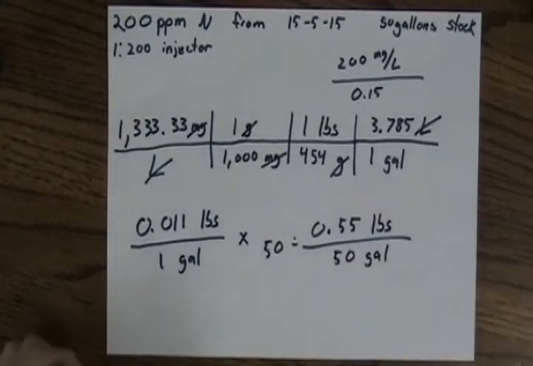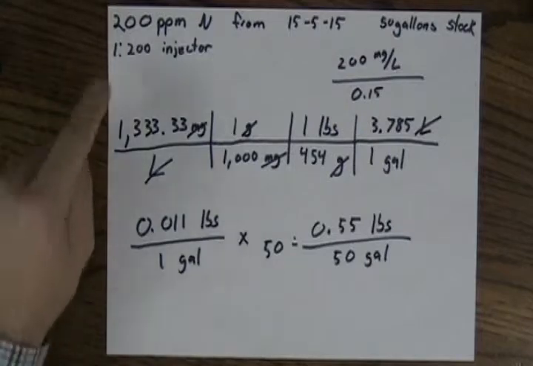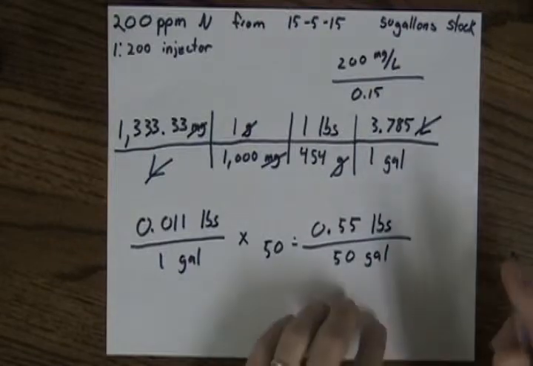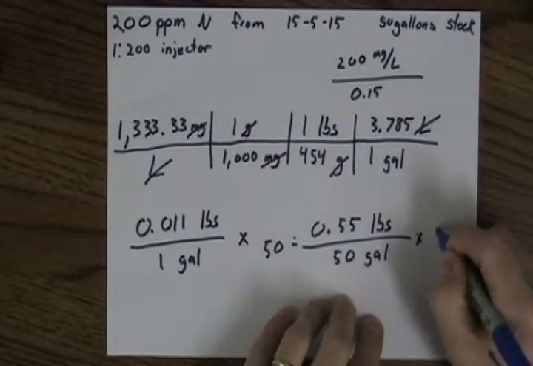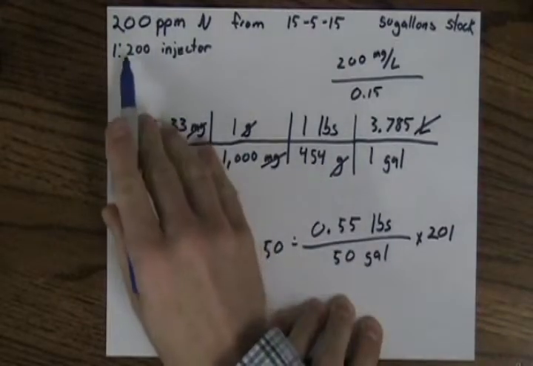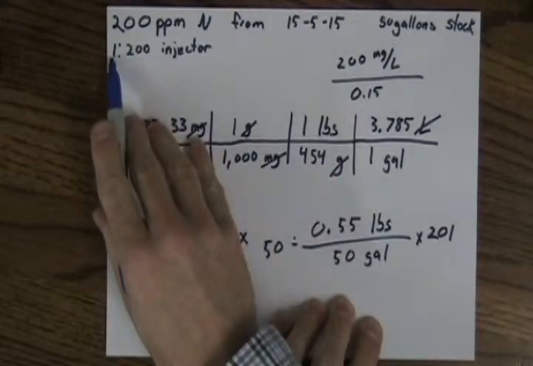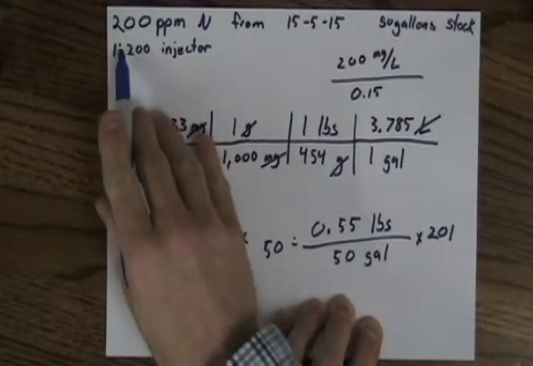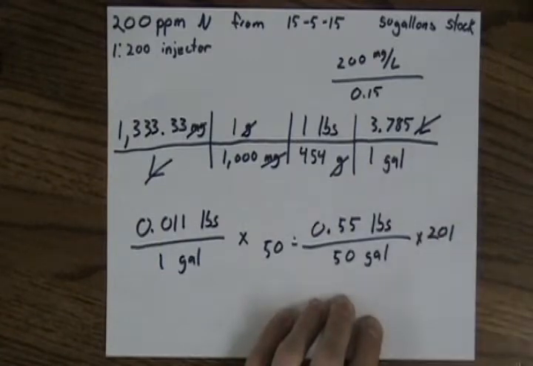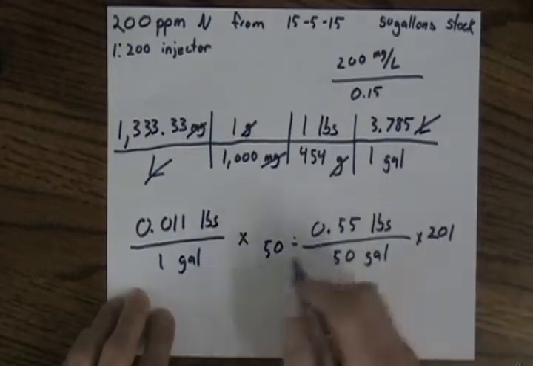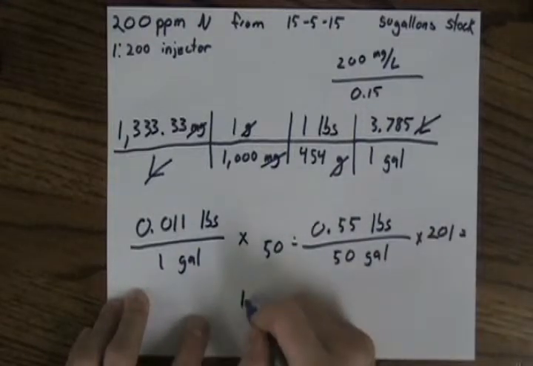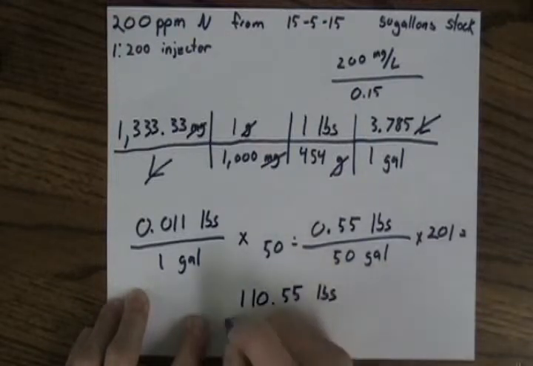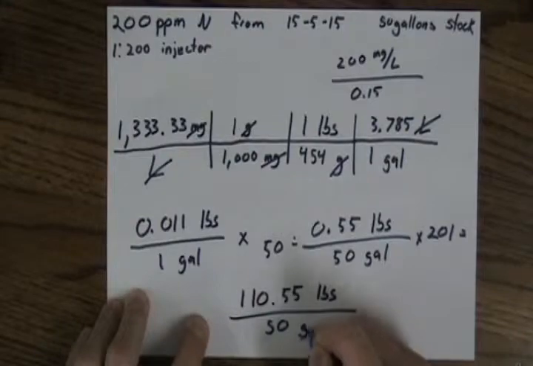gallons. But now we're going to concentrate this through an injector that's 1 to 200. So to do that math, we actually multiply this by 201, because for every 1 gallon of fertilizer stock solution that gets taken up by the injector, 200 gallons of water go through, so we have to add those two numbers to get 201 for the concentration, and we multiply that and we get 110.55 pounds per 50 gallons.